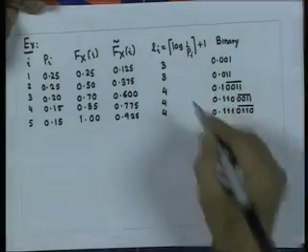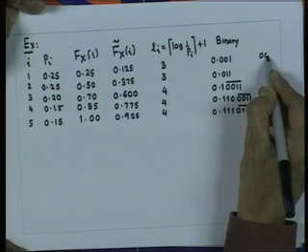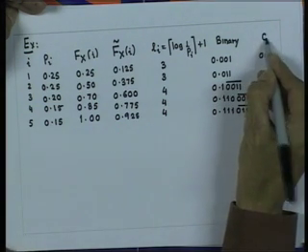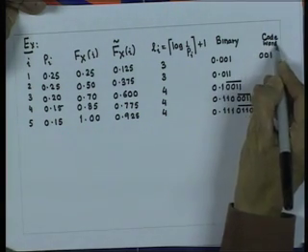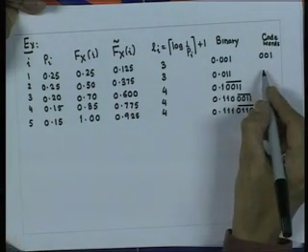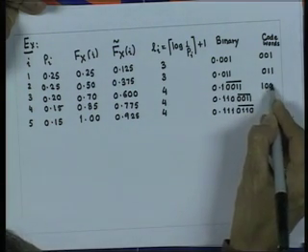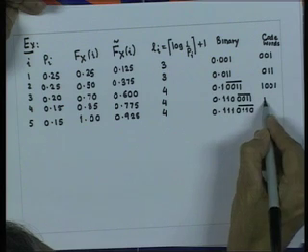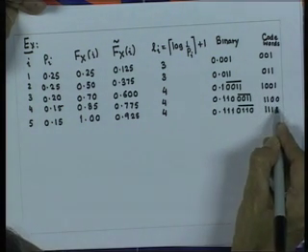Now the code words will be decided by this Elias, so this will be 001. So, this will be my code words: 001, 011, 1001, 1100, 1110.